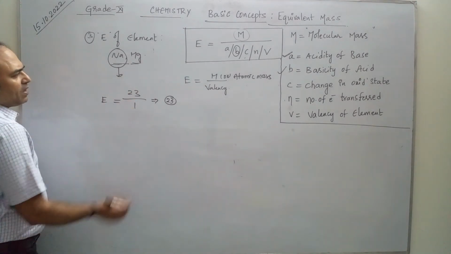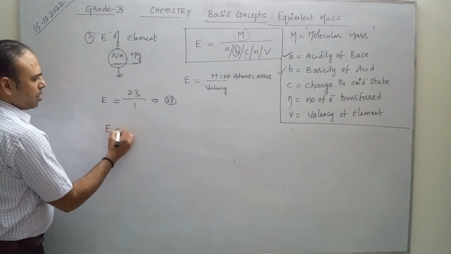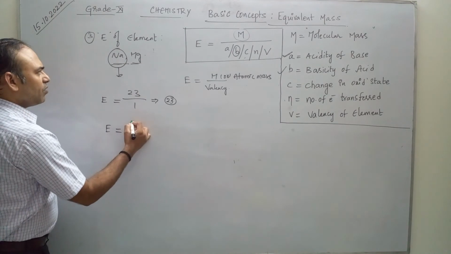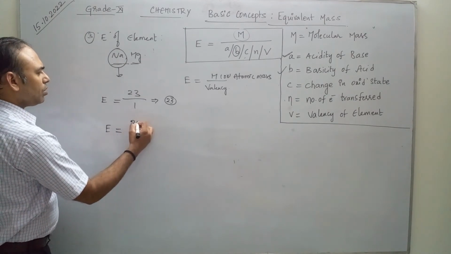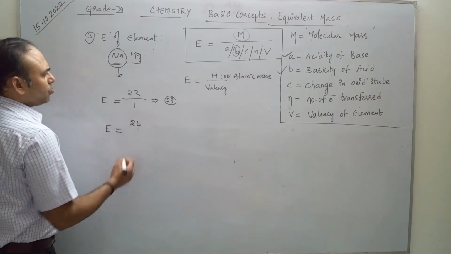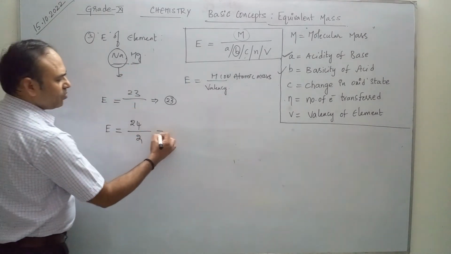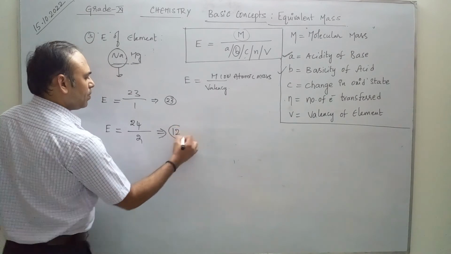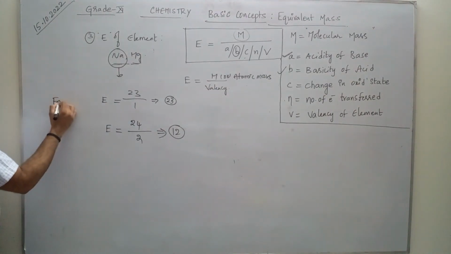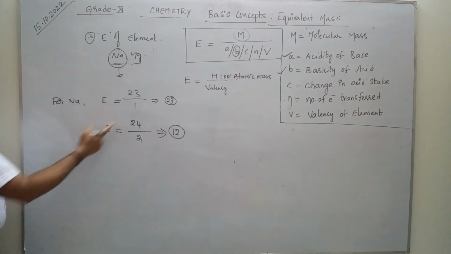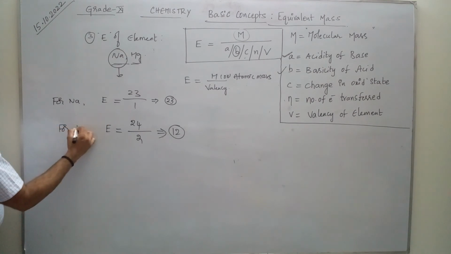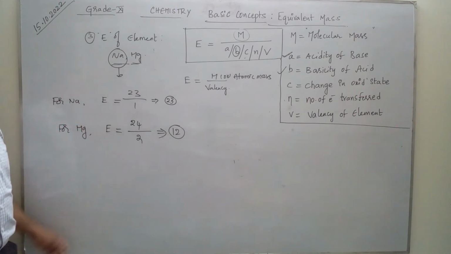Now for magnesium, the atomic mass is 24 divided by valency 2, hence we can write it as 12. So for sodium the equivalent mass is 23, and for magnesium the equivalent mass is 12.